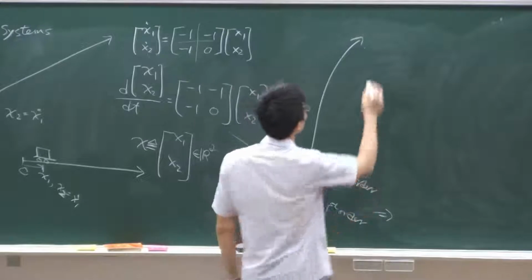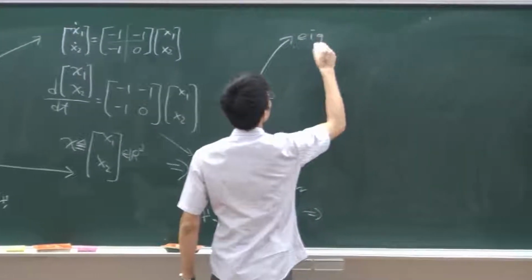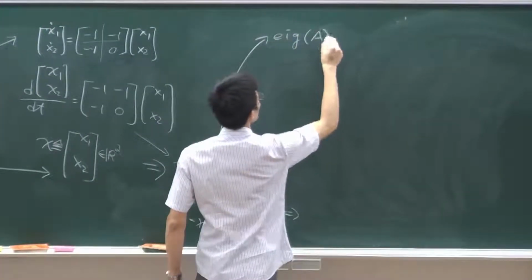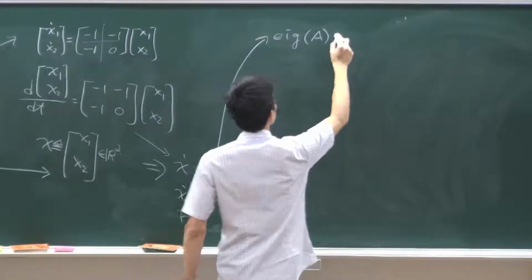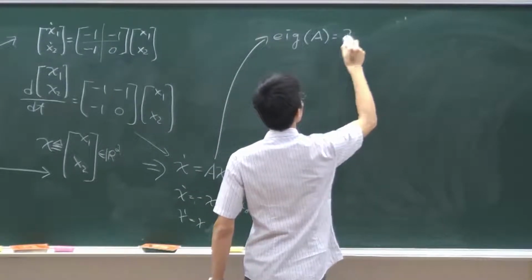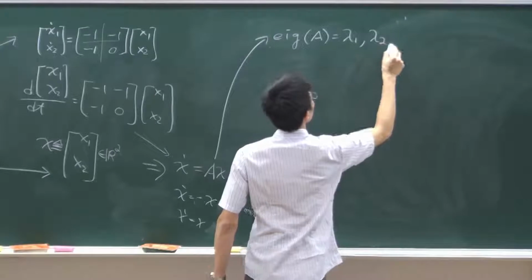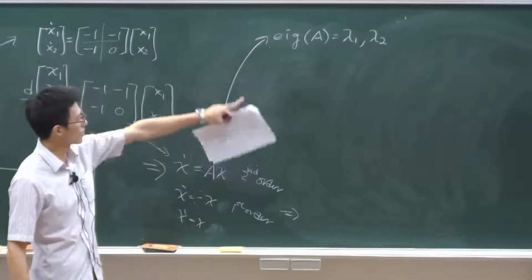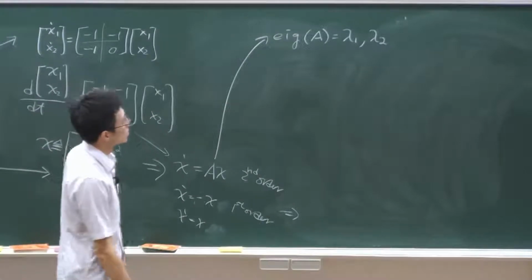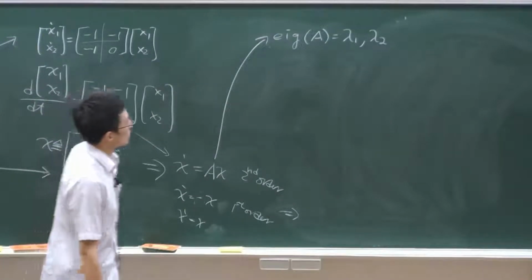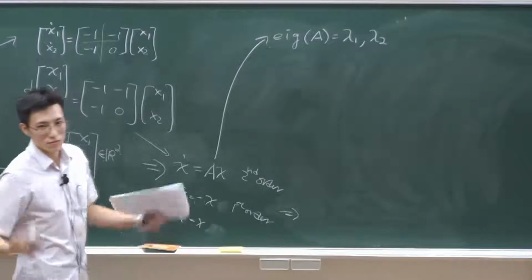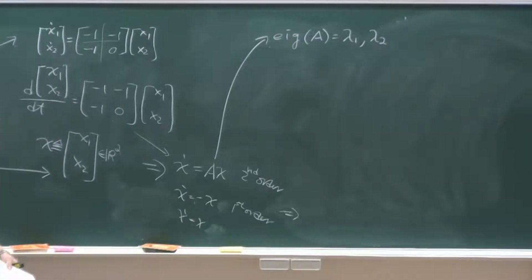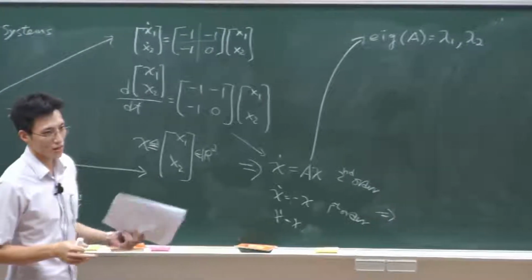Eigenvalue of A. Because A is a 2x2 matrix, you will obtain 2 eigenvalues. If both eigenvalues are negative, the system is stable. Okay. If any one of the eigenvalues is positive, it is unstable.